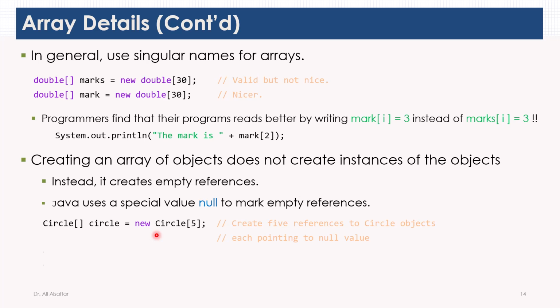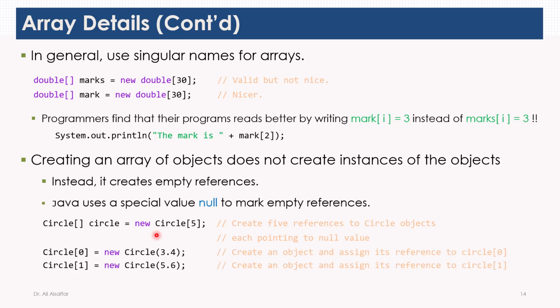In other words, if you want to make the elements of this array point to objects, then you have to go over the elements one by one and create an object for each of these elements. Here is how to do this. For example, if I want to create an object in the first element of the array, remember that the first element of the array refers to a circle object.